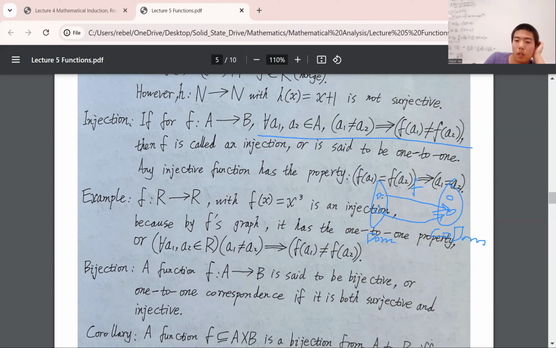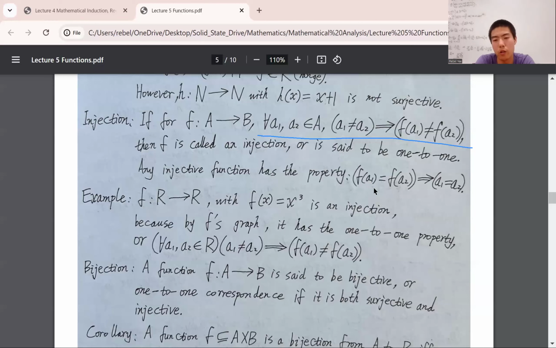In this case it failed because a1 is not equal to a2, but f(a1) and f(a2) are the same value, which means it is not an injection. And another way to check it is to take two common values in the codomain, f(a1) equal to f(a2), then we can find a1 is equal to a2 in the domain set. And this is another way to check it.